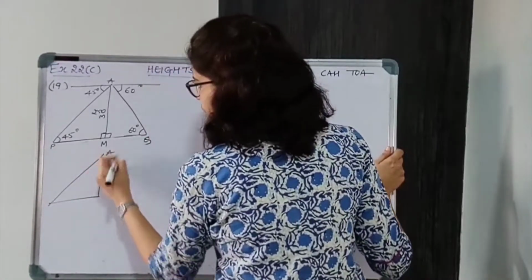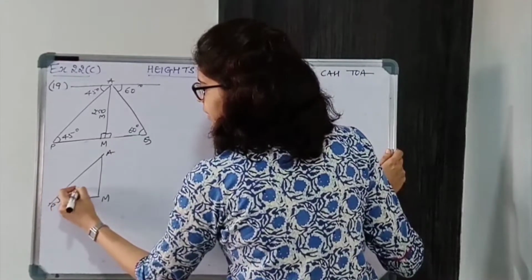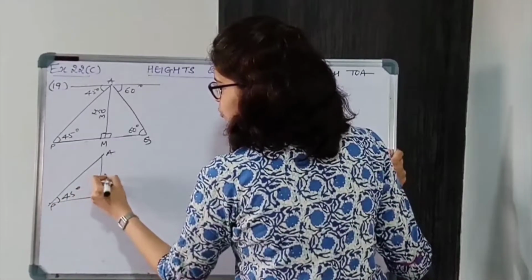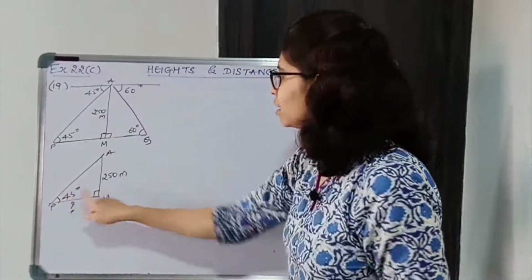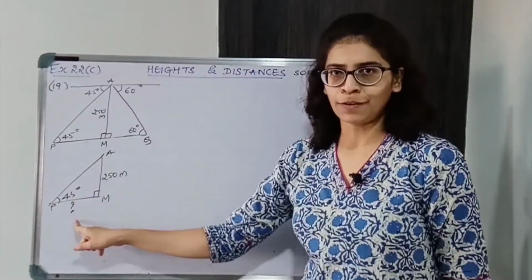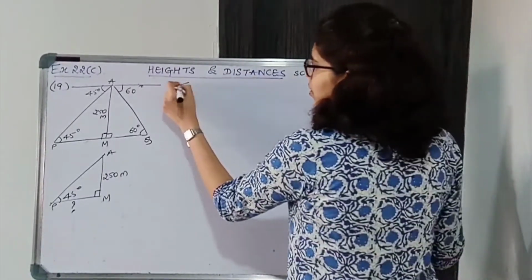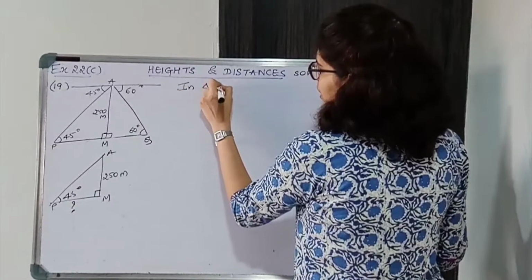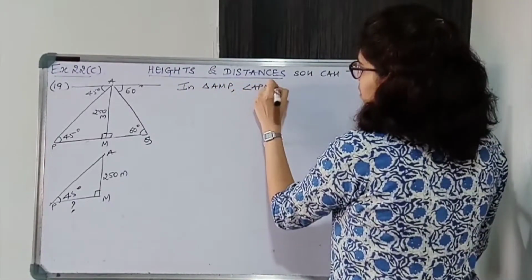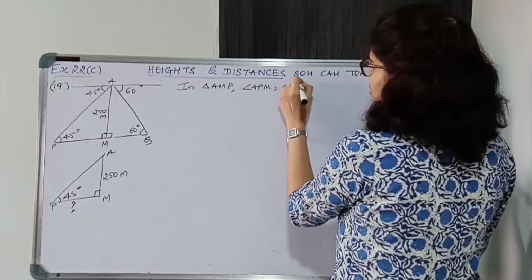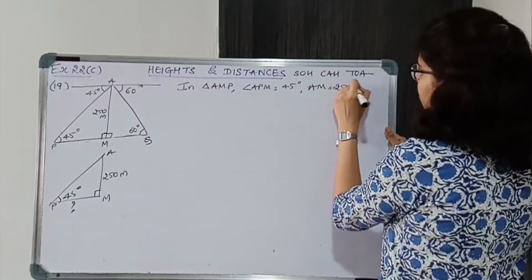So considering triangle AMP, this is 45 degrees, this is 250 meters, we need to find PM. So the angle का opposite is given, adjacent we have to find. Opposite and adjacent का relation you get from tan. So in triangle AMP, angle APM is equal to 45 degrees and AM is equal to 250 meters.